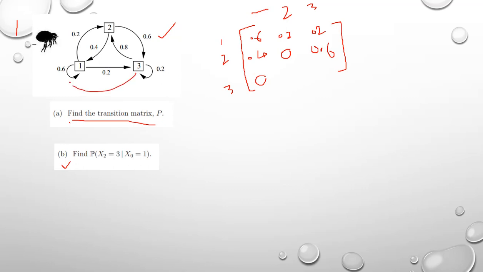Then 3 to 2 is 0.8, and 3 to 3 is 0.2. So when you add up all rows you get 1, 1, 1, and columns also, so this chain is irreducible.